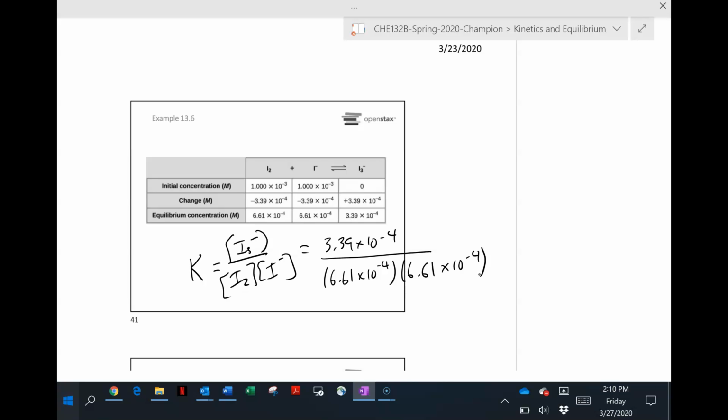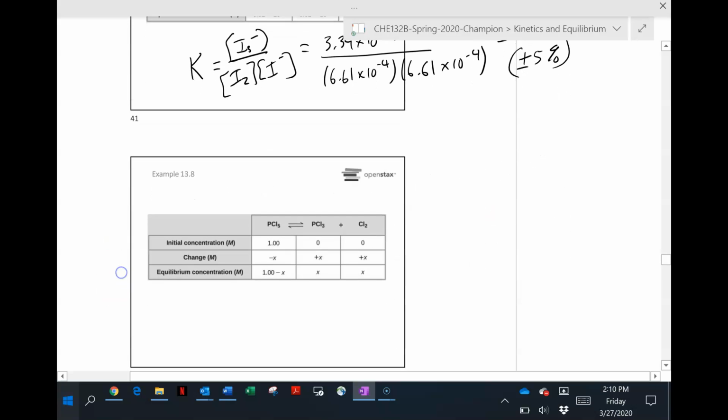All right, so when I did this, I came out with a value of 776 basically. And K values, usually we don't worry too much about sig figs here. These tend to be good only to about plus or minus 5%. A lot of uncertainty in them, but that's what we get right there, 776 in this case for that value.